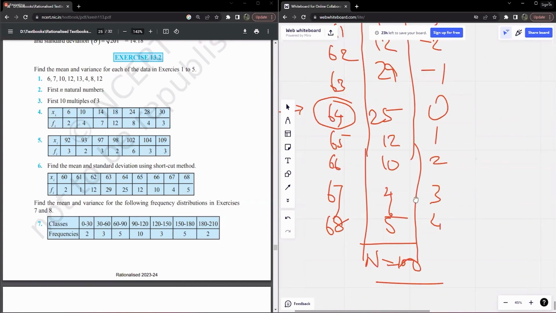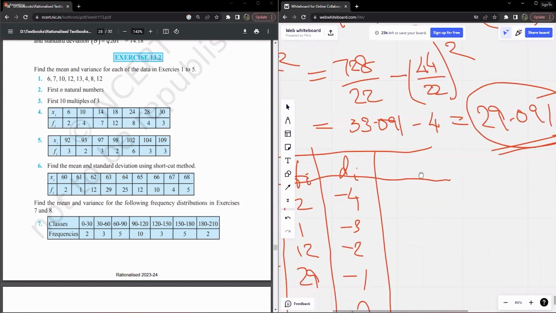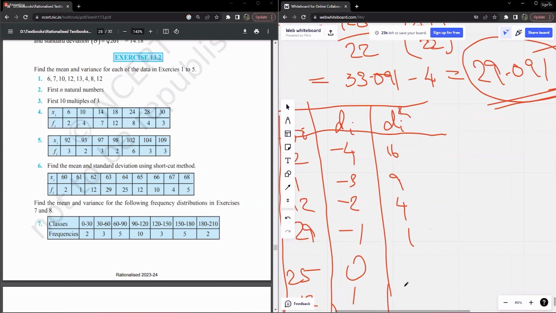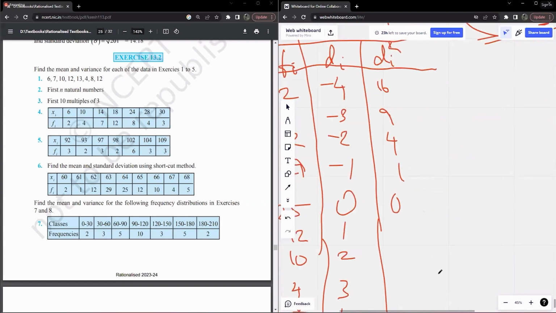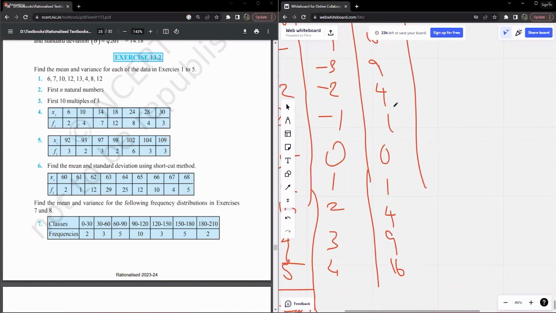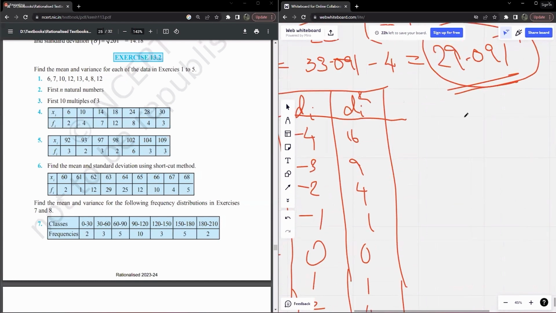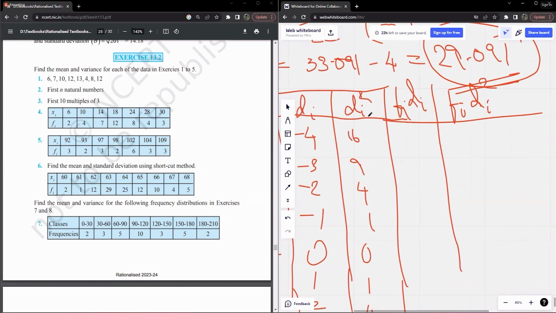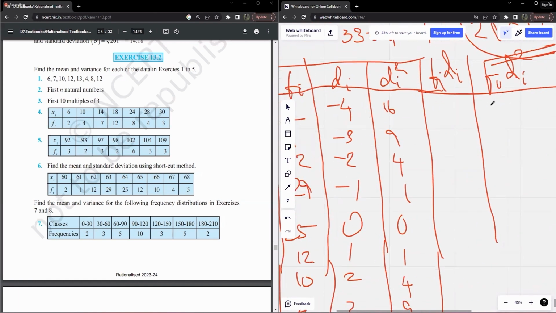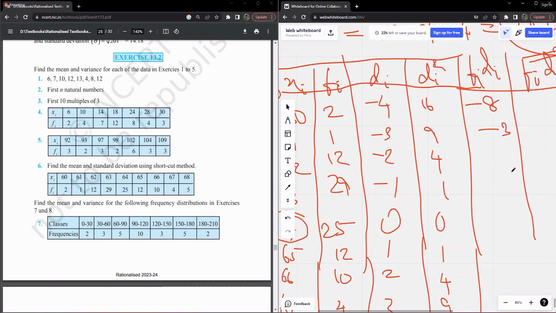Since we have di's, then we have di squares, which is basically 16, 9, 4, 1, 0, and 1, 4, 9, and 16. Right? Because of which we can find out fidi and fidi squared, fidi being -8, -3, -24, -29.